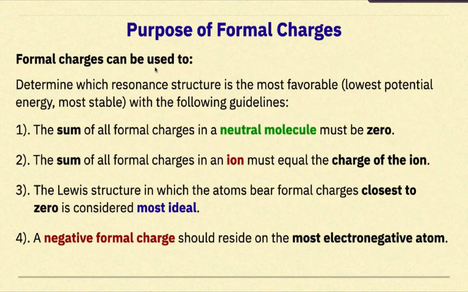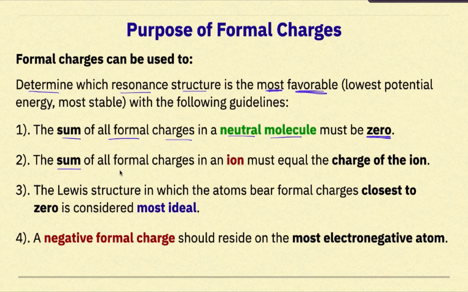Formal charges can be used to determine which resonance structure is the most favorable, in other words, lowest potential energy and most stable, with the following guidelines. The sum of all formal charges in a neutral molecule must be 0.